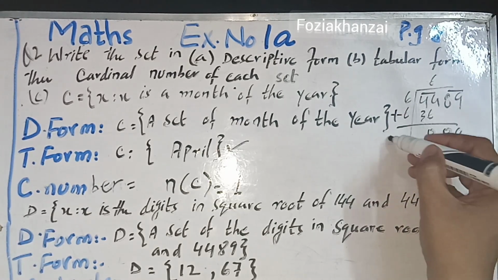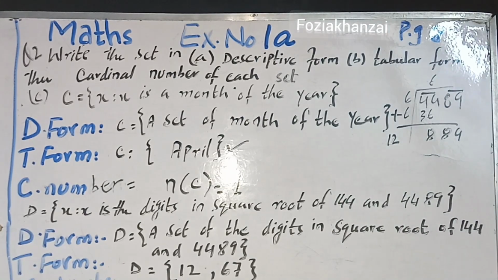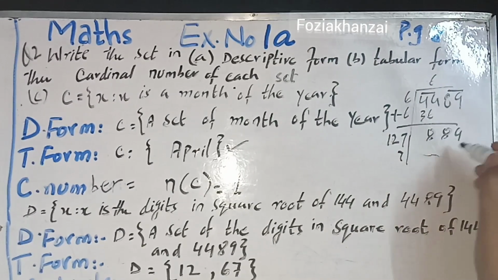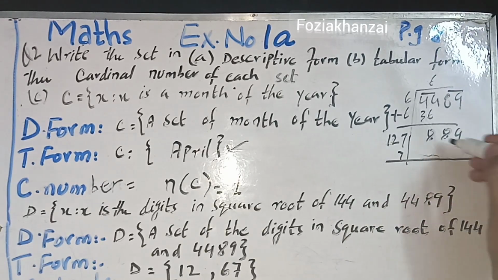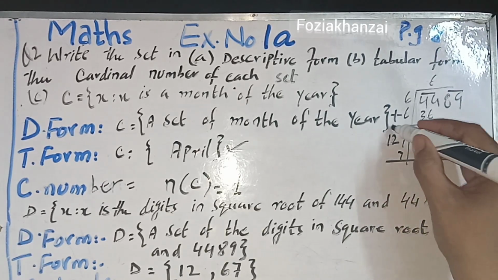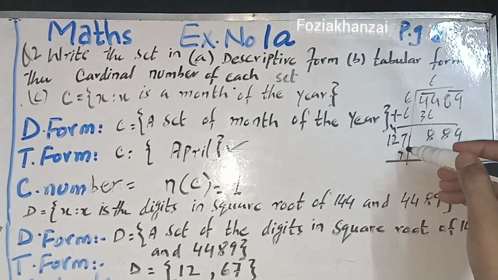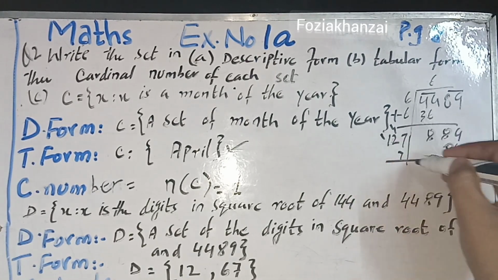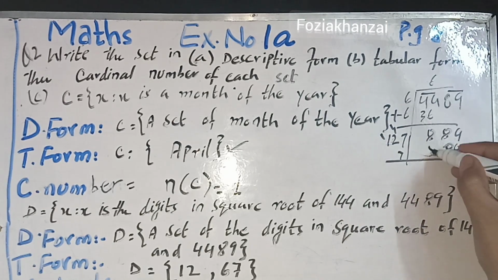Add them: 6 plus 6 is 12. New divisor: 12 multiplied with 7. 7 sevens are 49, 7 twos are 14, plus 1 gives 15, 16, 17, 18, and so on.